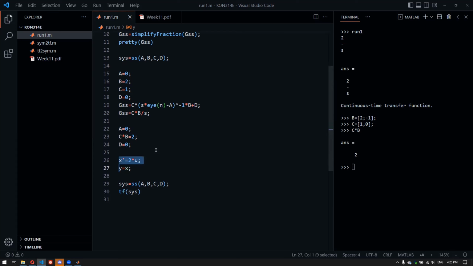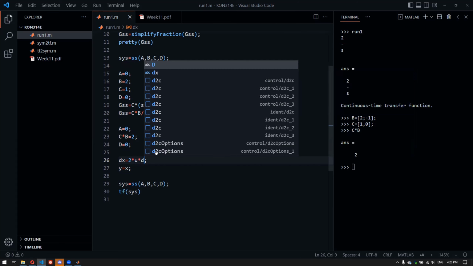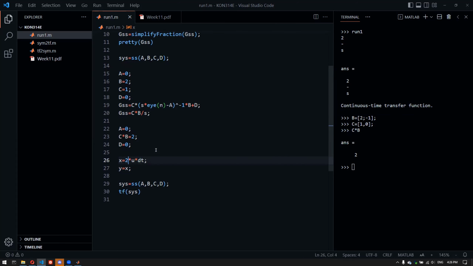You can see that this is basically dx divided by dt is 2u, so you can just use 2 times u dt, and x will be basically the integral of u dt. And that's basically it. So the output is 2 times the integral of u dt. So it's an integrator times 2. So we can acquire the information from this one too.